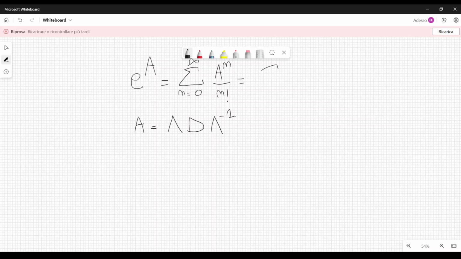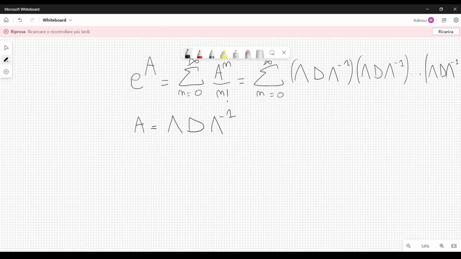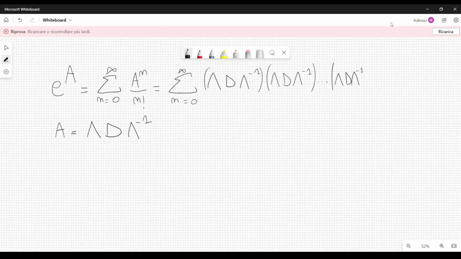And if we rewrite this problem by using diagonalization, we are going to sum from n equal to 0 to infinity, and then in the numerator we have products of this form, lambda times D times lambda to the minus 1, then lambda times D times lambda to the minus 1, dot dot dot, lambda times D times lambda to the minus 1, and this is a product which contains this factor n times.